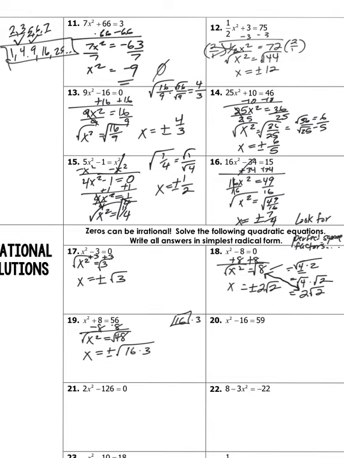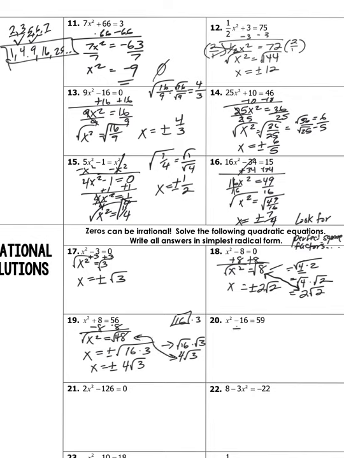And I can take the square root of 16, just like if I had them separate: square root of 16 times square root of 3. And the square root of 16 is 4, so 4 times the square root of 3. So x equals plus or minus 4 times the square root of 3. And this and the square root of 48 are identical.